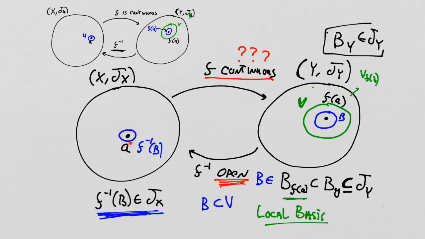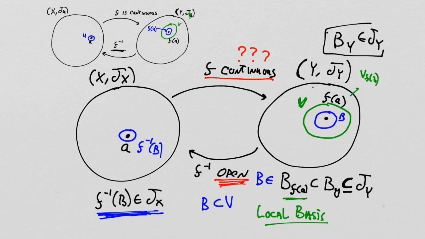There's always going to be this open set around A such that its image, which is going to be B, will always be inside of V. And V was chosen arbitrarily as an open neighborhood of F of A. So no matter what open neighborhood of F of A I pick, I'm guaranteed that there is an open neighborhood around A whose image under F is contained inside it. And that's the definition of continuity.